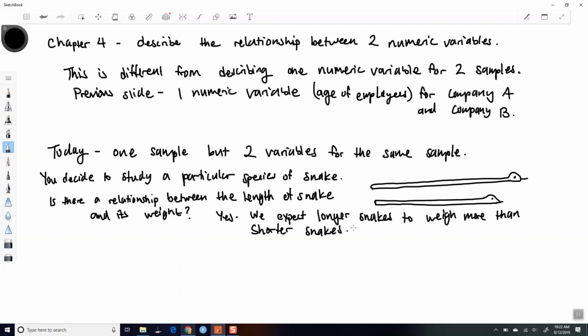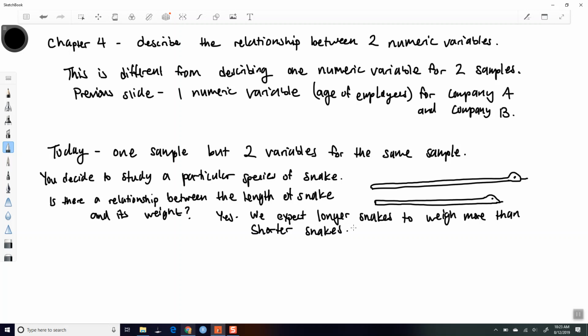Similarly, when we describe the relationship between two variables, we can say things like longer snakes tend to weigh more than shorter snakes, but we want to give a little more precision to this language. We can say the correlation between length and weight is 0.8.